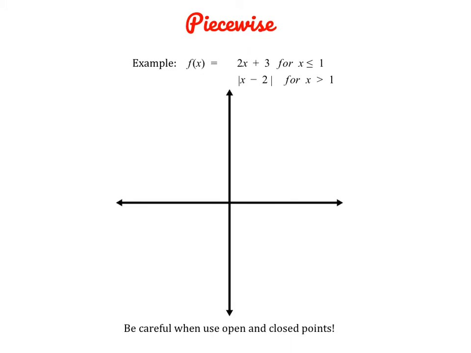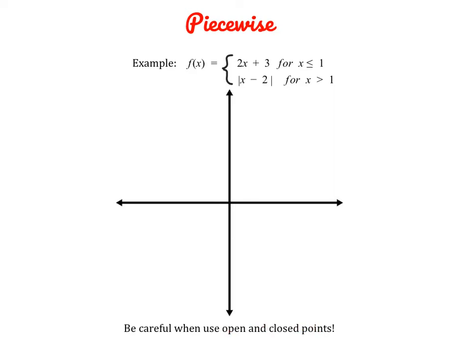Now, most likely, if I asked you to graph a linear, absolute value, or quadratic function, it would be in the form of a piecewise function, because alone they're a little bit too easy, I think. So here's an example of a piecewise function. We're just going to do a quick review on how to do that. What I want to remind you is that you need to be careful about when you're using open or closed points.